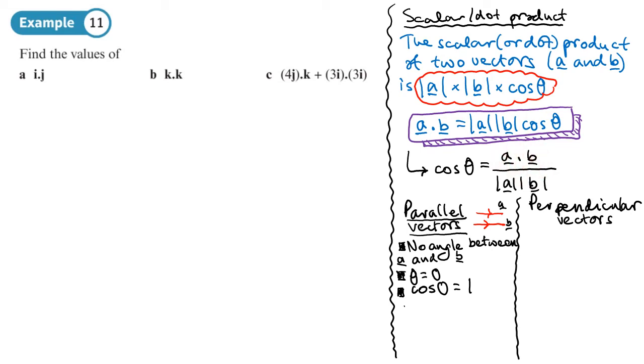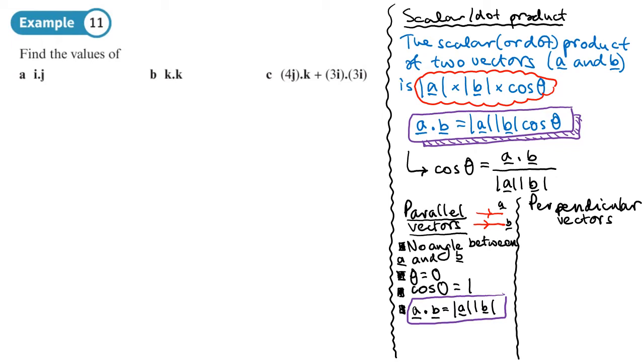So this leads us to this result, that A dot B, the dot product, is equal to the length of A times the length of B. So this is the result that we want. So if I've got two parallel vectors, then the dot product of those two vectors is equal to the product of the lengths of those two vectors.